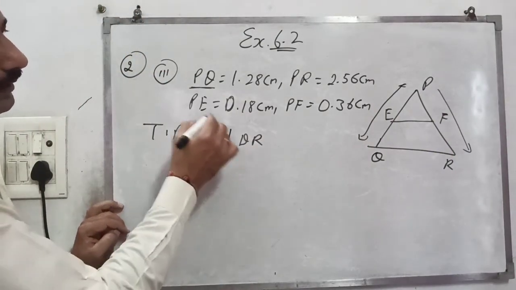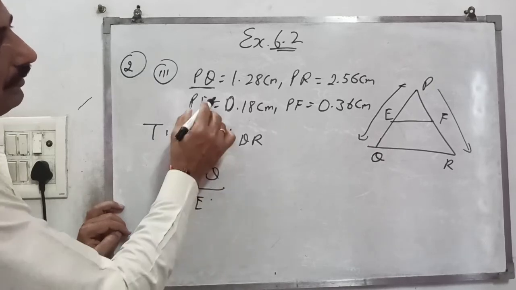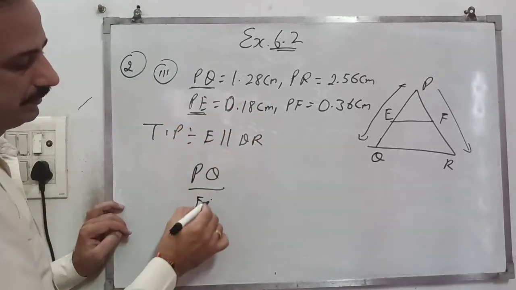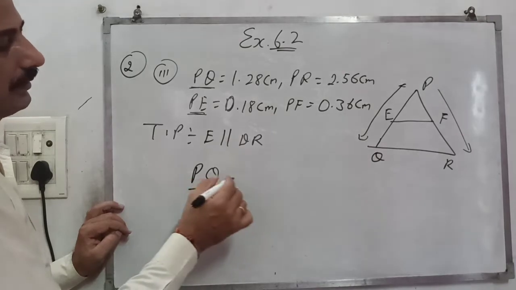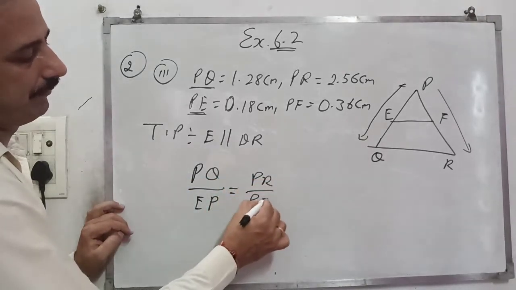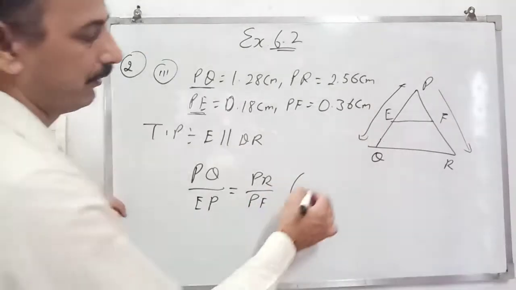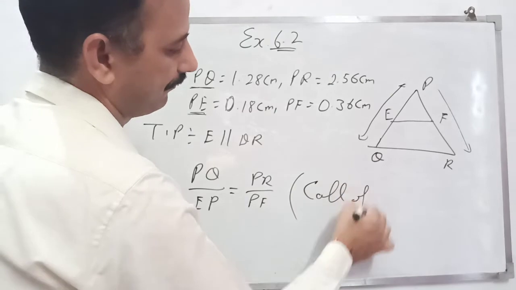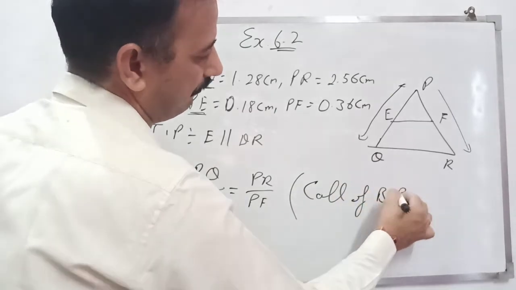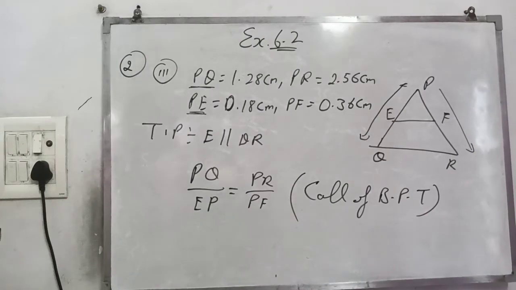So we can use PQ upon PE equal to PR upon PF. That is also from the corollary of BPT theorem.